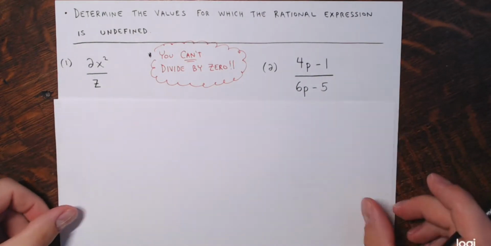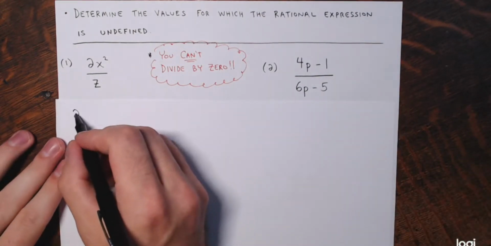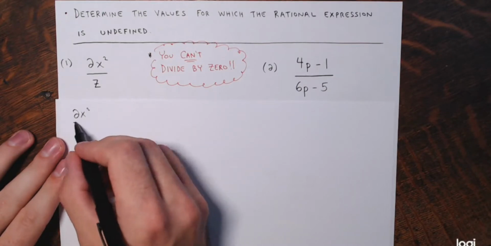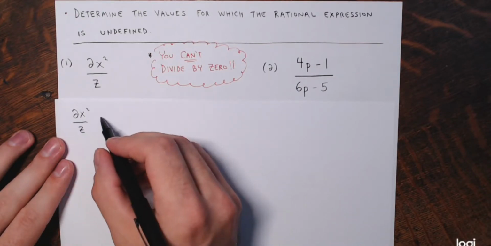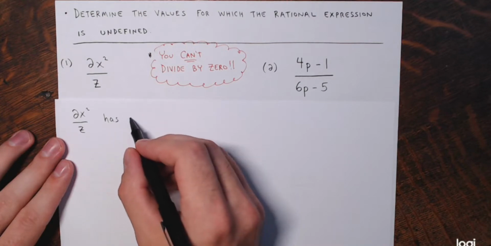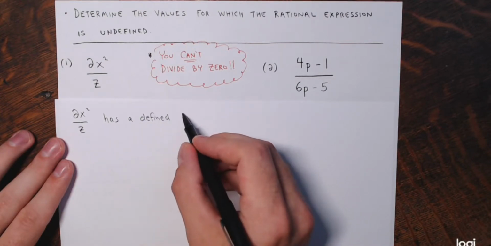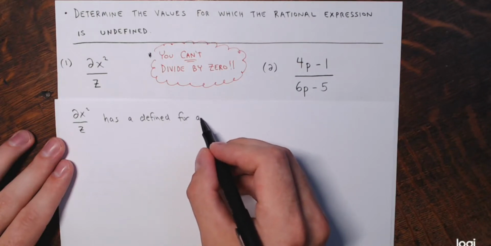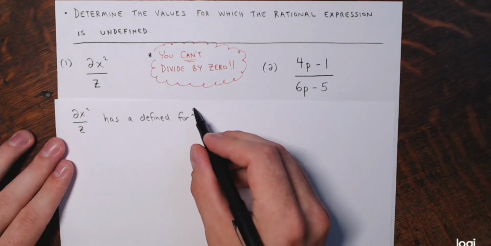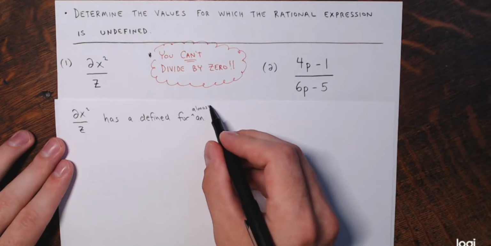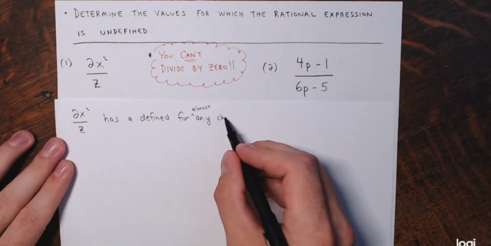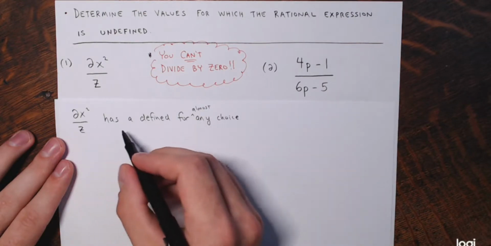So I'm going to grab a new piece of paper here. My expression, 2x squared divided by z, has a defined value for almost any choice of the variables x and z.